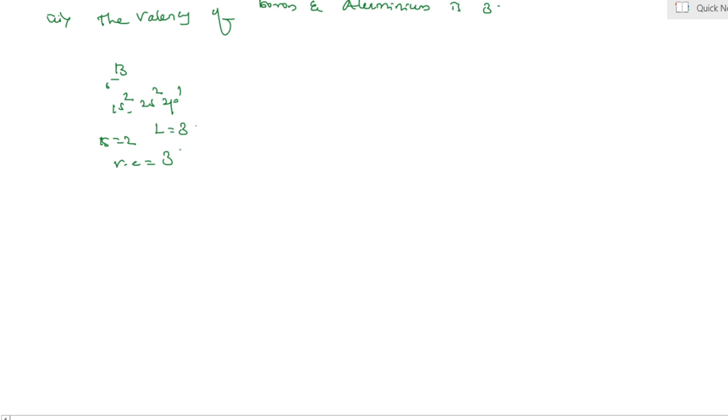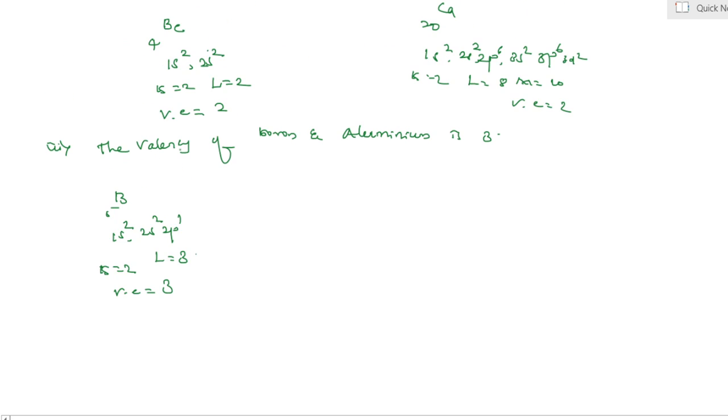Oxygen and sulfur each has 6 valence electrons, therefore their valency is 2 because they can gain 2 electrons or share 2 electrons to complete their octet. Similarly, fluorine and chlorine each has 7 electrons. Their valency is 1. Yes, my students.